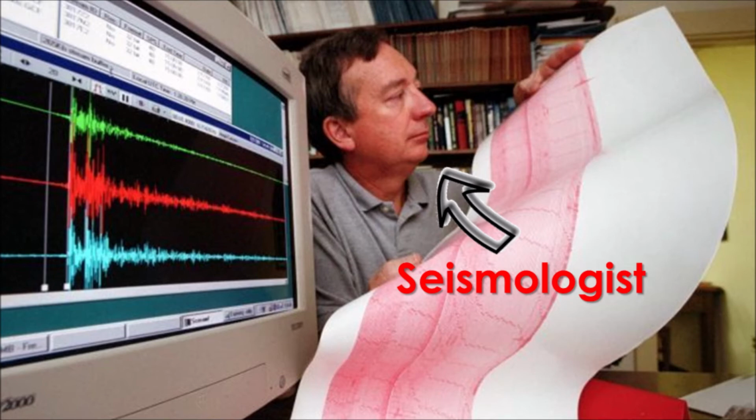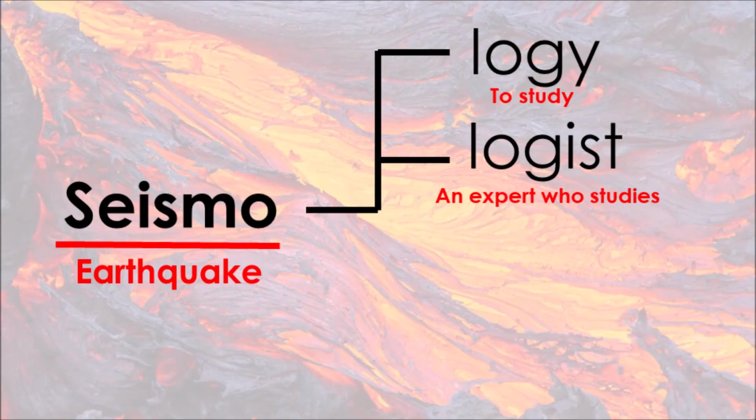They map seismic regions and fault lines in the Earth's surface. They do other stuff as well, like investigating target sites for new seismic stations, and they also search for oil and gas deposits under the land and sea. So a seismologist is an expert who studies something, and in this case, it's earthquakes.